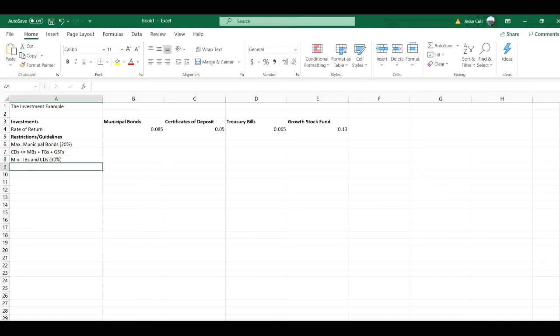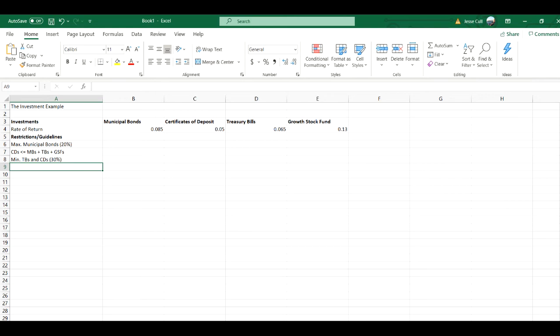So let's make this one into achievement. How much we've actually achieved. And instead of constraints, let's call them restrictions. And over here, instead of total available, we're going to call it requirements, because that's actually what we found.